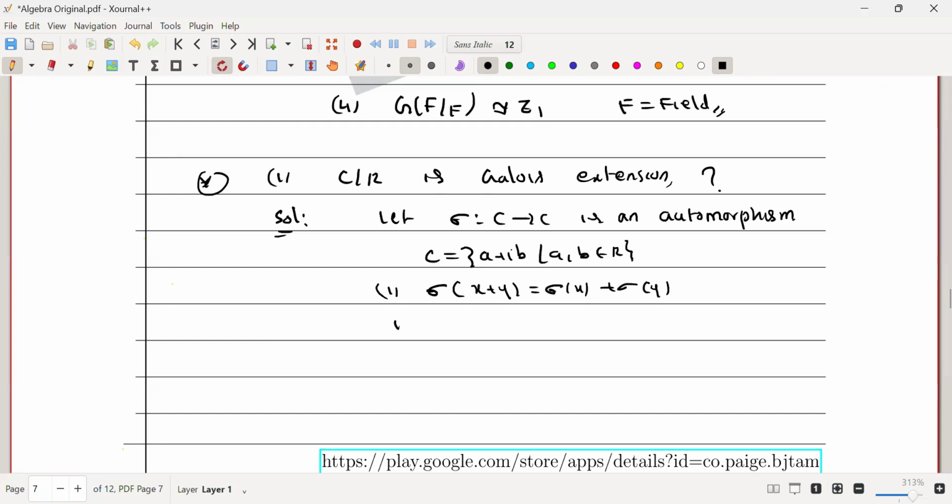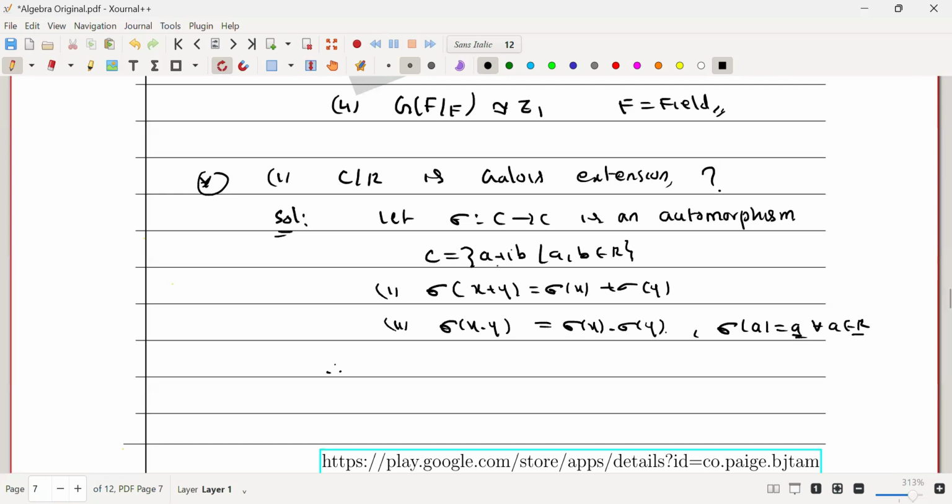And number 2, sigma of x into y is equal to sigma of x into sigma of y, and it is bijective. Now we need to find the image of an element in C. Also sigma of A is equal to A for every A belonging to R.